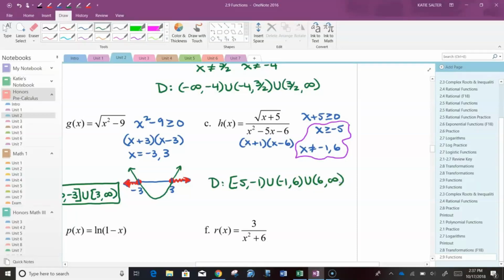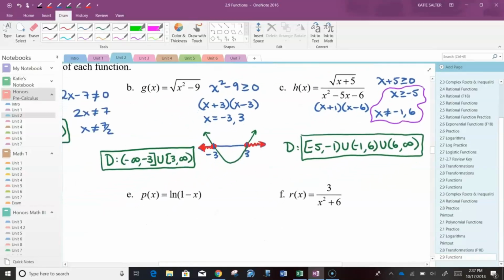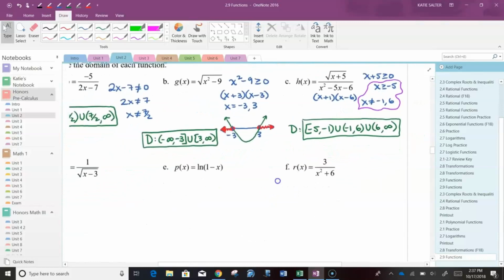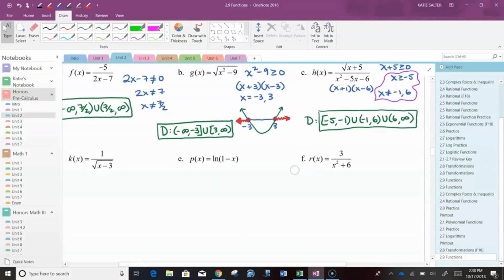And folks, that is saying all real numbers greater than or equal to -5, excluding -1 and +6. Okay, why don't you pause the video, try the next three, and then see if you're getting them correct.